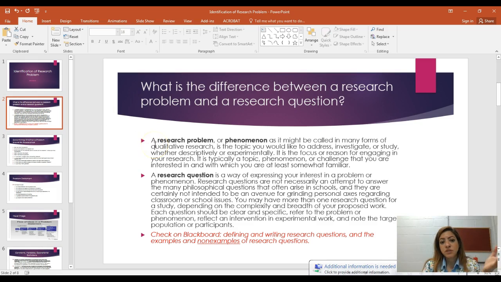So here I explained both what a research problem is and what a research question is, in order to make sure that you understand the difference between both. A research problem is just the topic that you would like to address, investigate or study. It is just telling me the phenomenon or the topic that you want to research, versus the research question, which is the way that you express your problem or your phenomenon based on the necessary ways of exploring this problem.